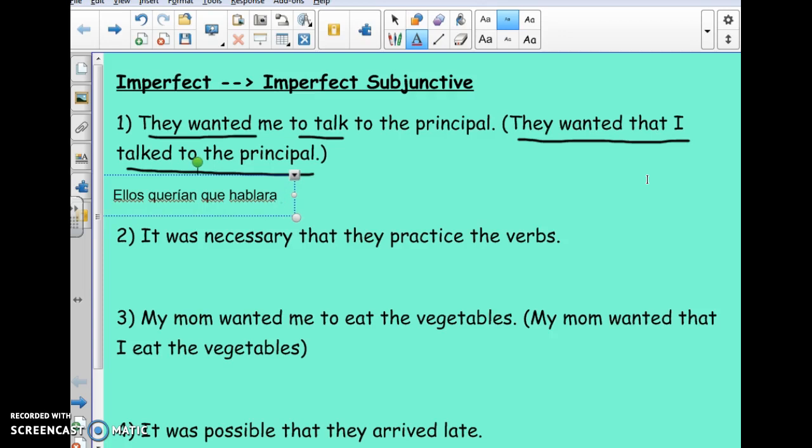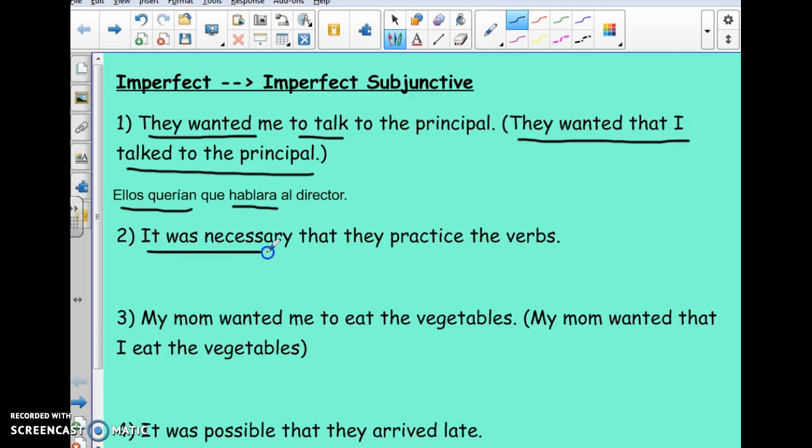And then to the principal would be al director. So again, you're starting with the imperfect in these first 5 sentences, and your second half of the sentence should have a form of the imperfect subjunctive. Okay, so you should do the rest with the bottom. You're starting with a trigger phrase in the imperfect, and then you need an imperfect subjunctive verb in the second half.